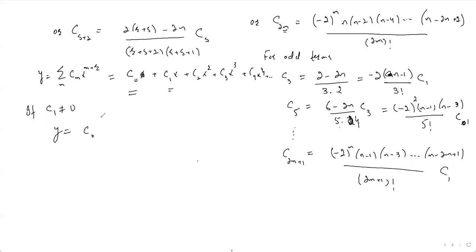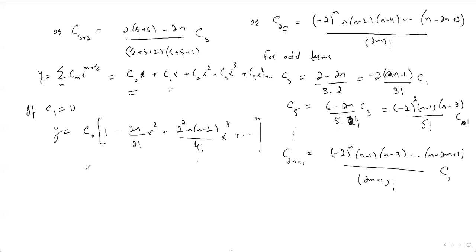So the first is C0, with C0 common: minus 2n divided by 2 factorial x square, plus the second term, 2 raised to power 2 into n minus 2, which we found for C4 and C6, 2 raised to power 2 n minus 2, divided by 4 factorial x raised to power 4, plus so on.